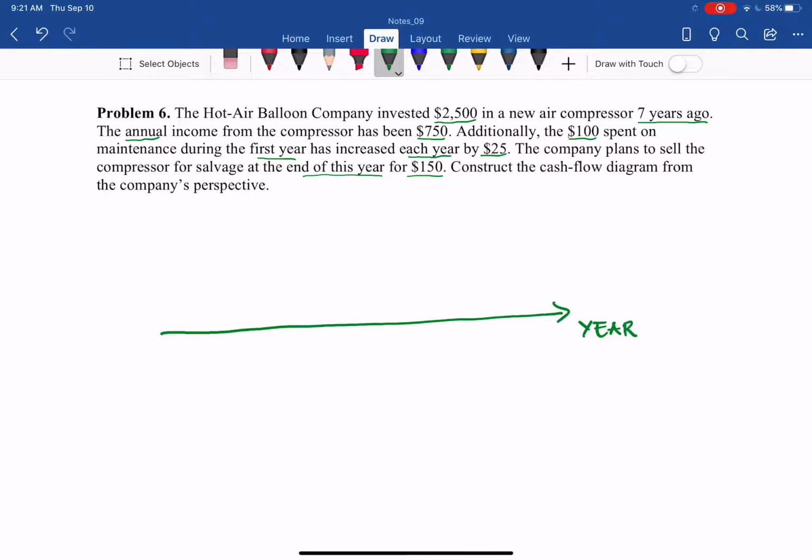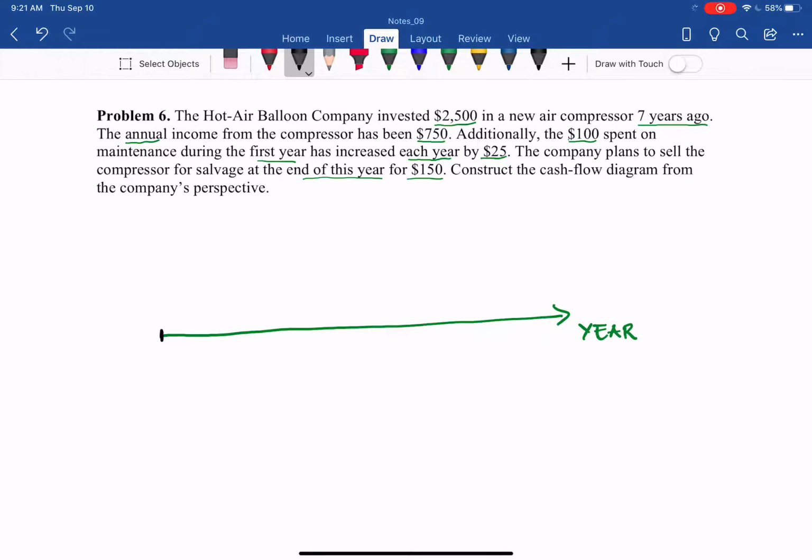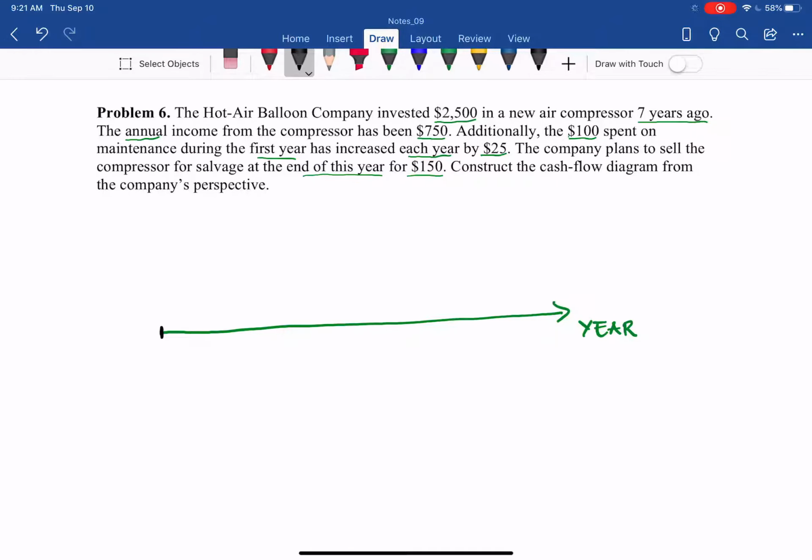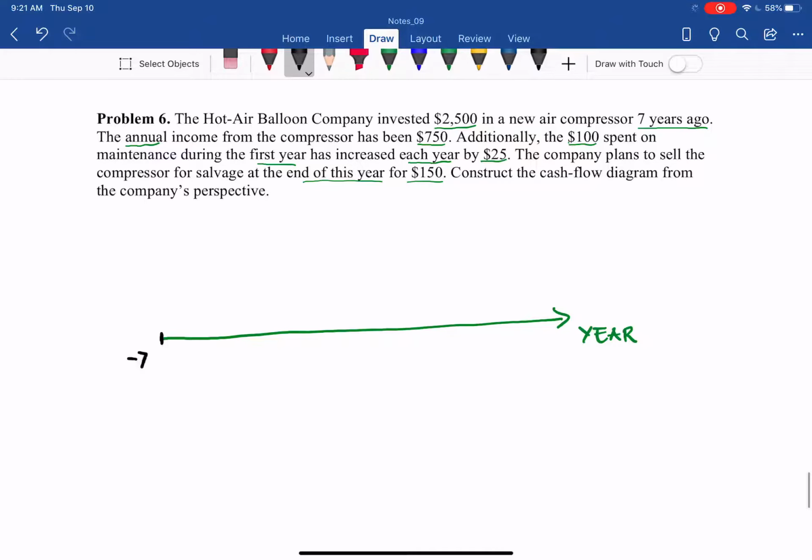However, they say 7 years ago. Instead of starting at now, which is always 0, it goes back negative 7. So they start 7 years ago, and here we don't put 0, but negative 7.